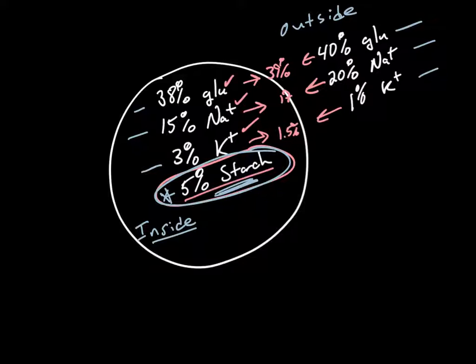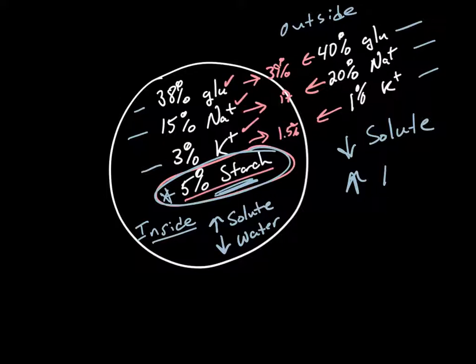And so inside you're going to have a higher solute concentration, lower water. And outside you're going to have a lower solute, higher water. Now, I personally like this idea of not having to calculate the percent water because it gets a little confusing when you do.